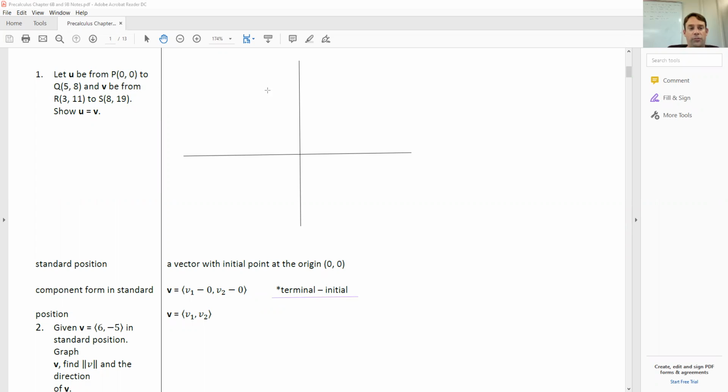First up, we have some vector u that's going to be at 0, 0, and it's going to go to 5, 8. So if I were to draw that vector u, starting at 0, 0, and I'm going to 5, 8. So it ends at a point.